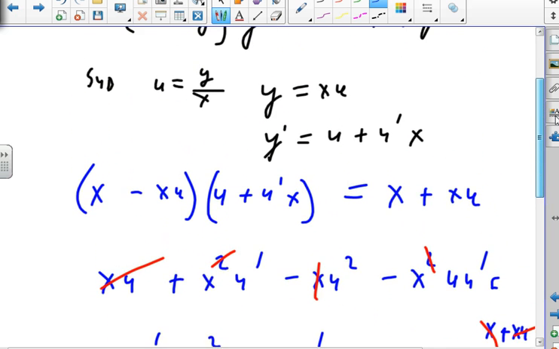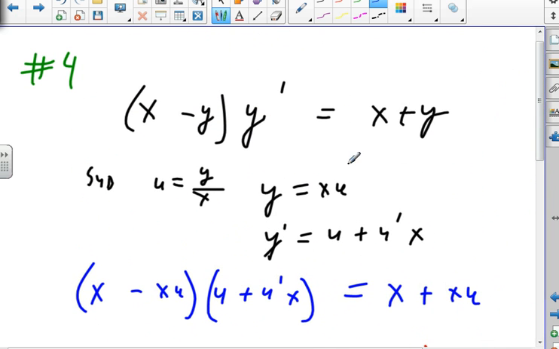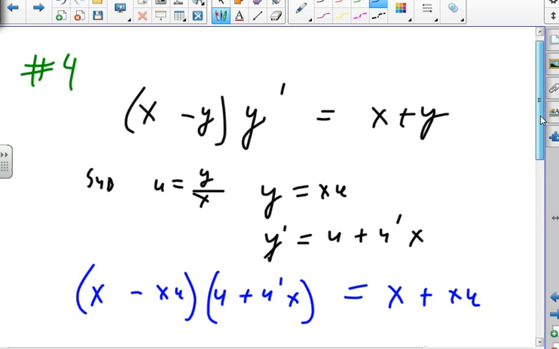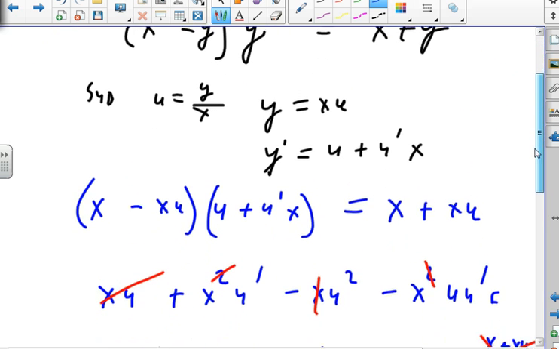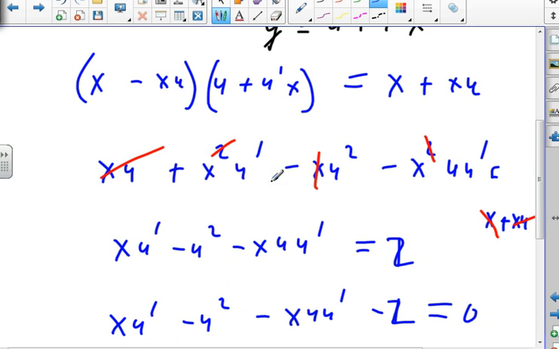Alright, so let's come back to the substitution. I have an x, I have a y minus xu, I've got a u plus u prime x is equal to x, and then I have an xu. So I did the substitution right. I multiply it out, xu. Oh, that's where my problem is.